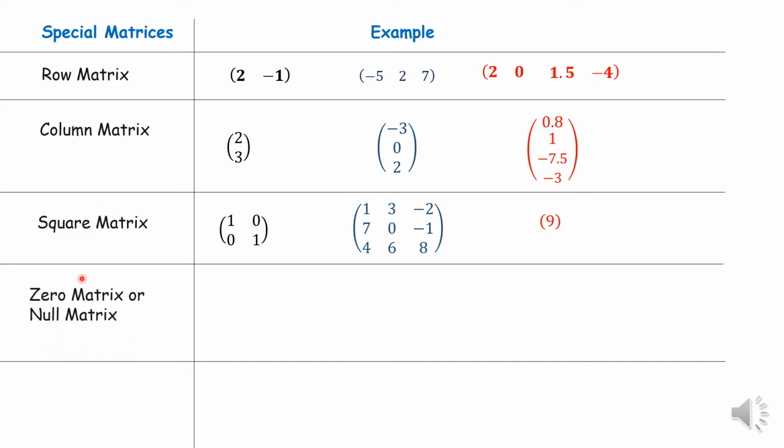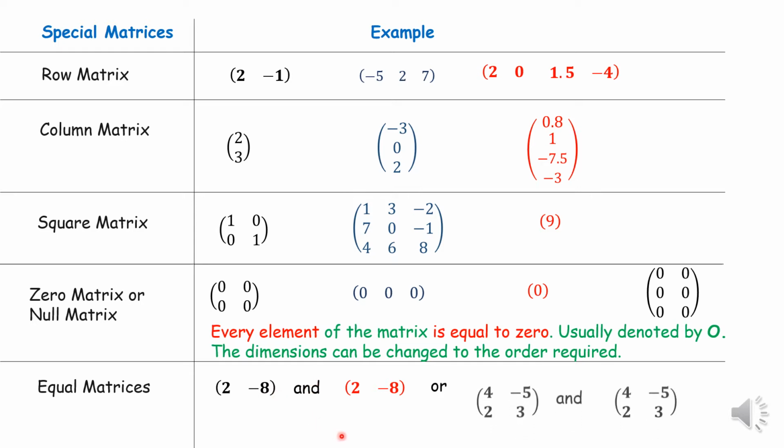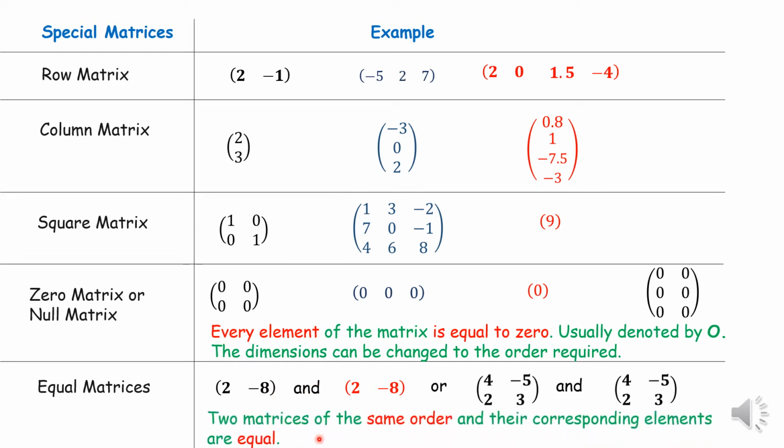The zero matrix, also referred to as the null matrix, is one where all the elements are just 0. So this is an example of a zero matrix. And then the last one, the equal matrices. Very important for you to understand that equal matrices have exactly identical elements, the same order.